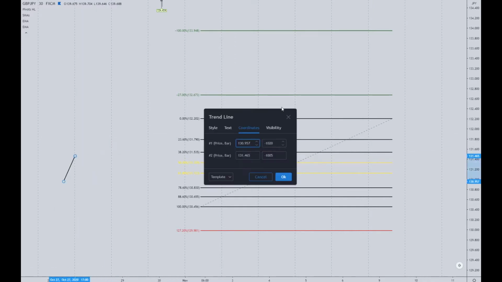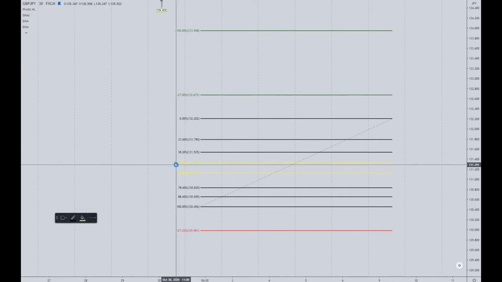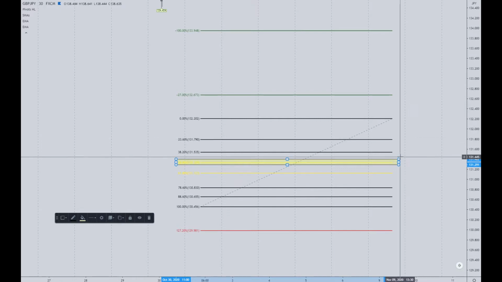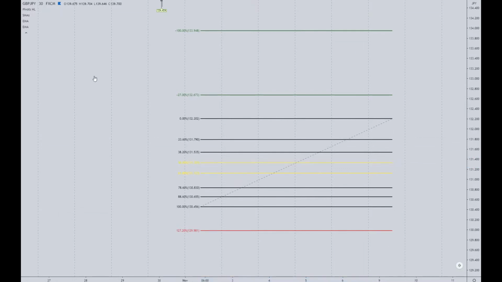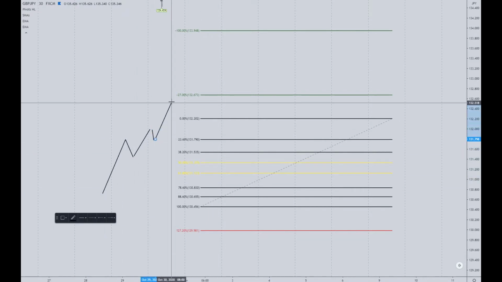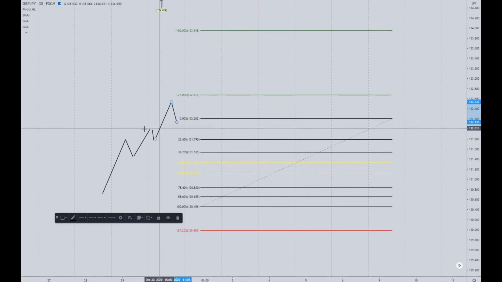Now looking at the 50% level right here, it's not an official fib level. It's more of a psychological level for traders. So I'll use it sometimes, like when you're in a trend here. Sometimes it will actually pull back past the 38.2 and down to the 50% level.